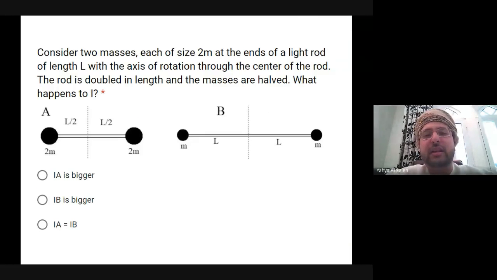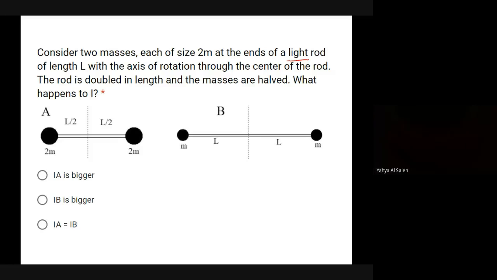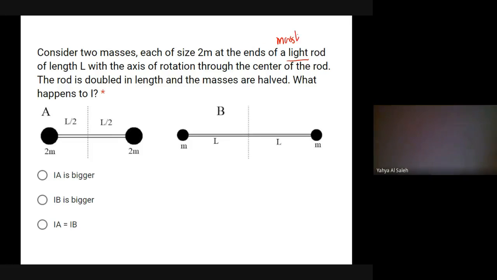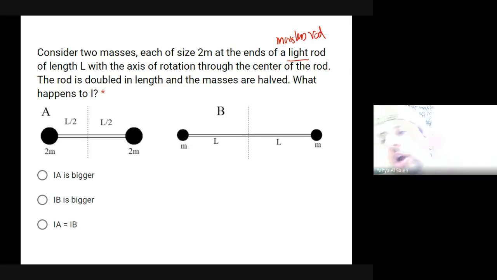Consider two masses, each of size 2m, at the ends of a light rod. Now you will notice that we keep saying light rod, or in some other questions we will say massless rod.